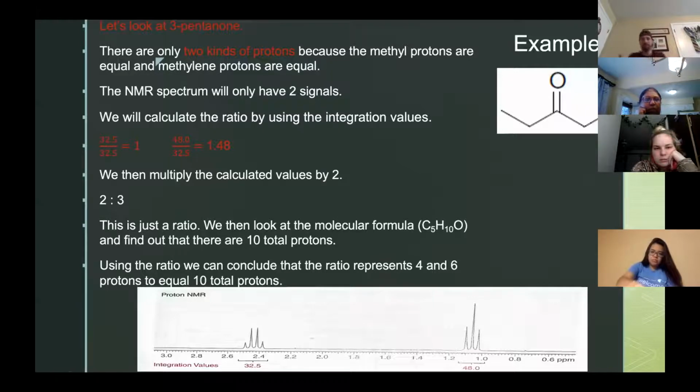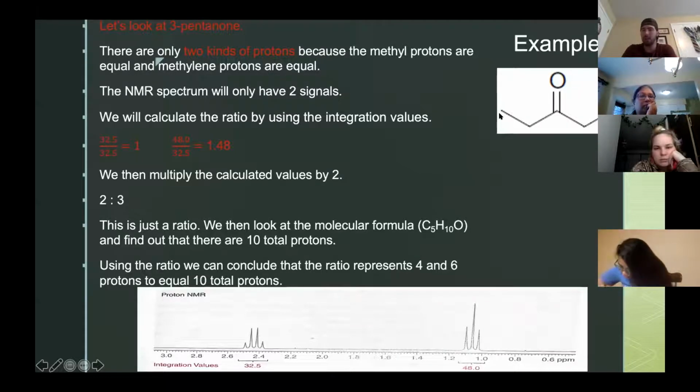So for example, let's look at this compound here, 3-pentanone. From this compound, since it's symmetrical, there's only 2 kinds of protons. There's a methylene and a methyl. And from here, we can look at the NMR spectrum and find the smallest integration number.